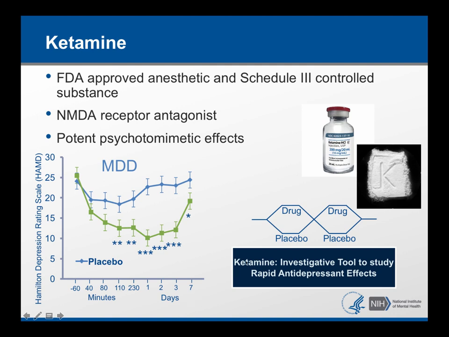Because of this rapid onset and short-lived effect, while that makes it non-ideal for ongoing treatment, it does help us study depression and its treatment, because we can do crossover studies. We can give someone a drug, wait a couple weeks, and then give them the placebo, or vice versa. And so ketamine ends up being a very good tool to study rapid antidepressant effects.